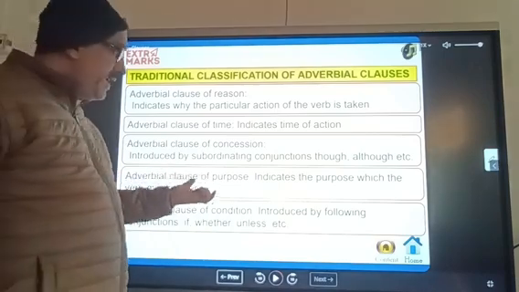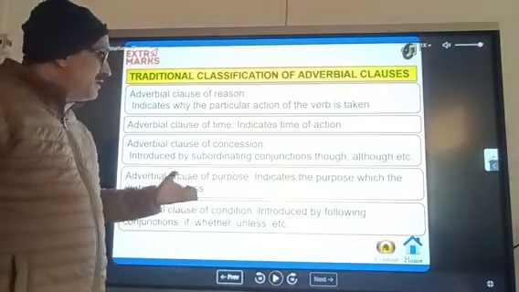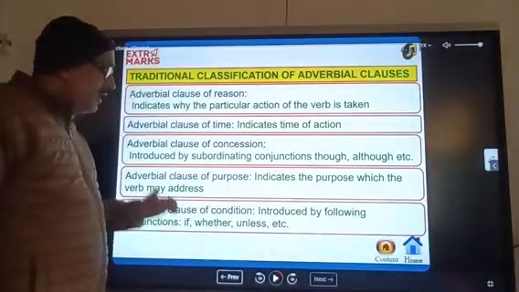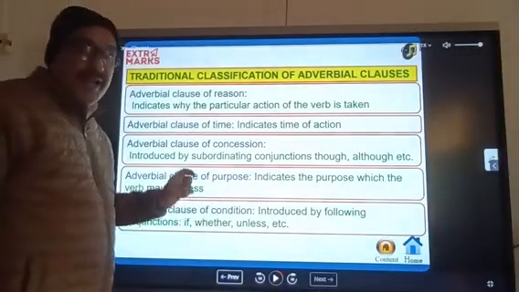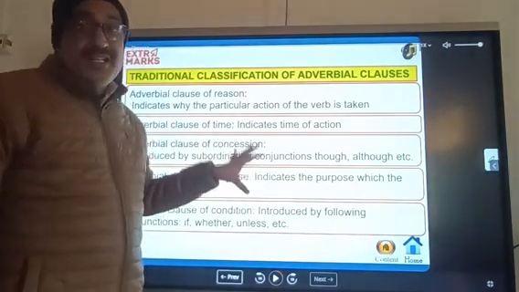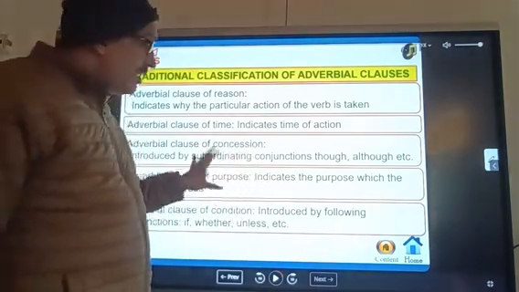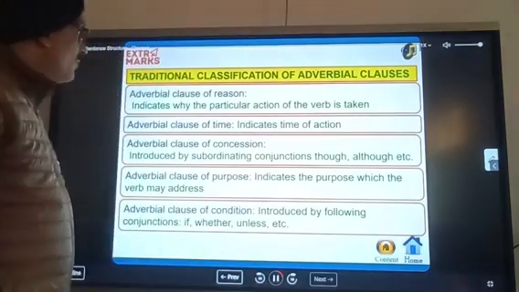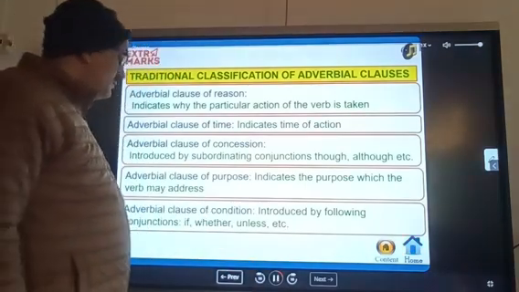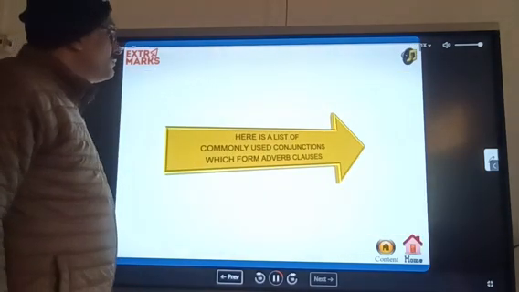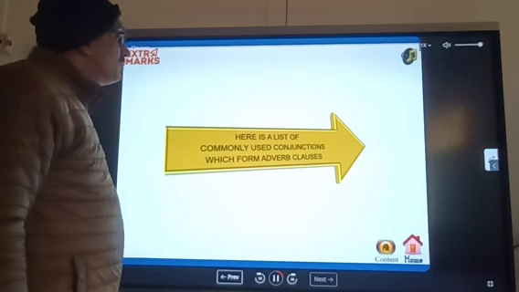Adverbial clause of condition is introduced by the following conjunctions: if, whether, unless, etc. These are the traditional classifications of adverb clause. Here is a list of commonly used conjunctions which form adverb clauses.